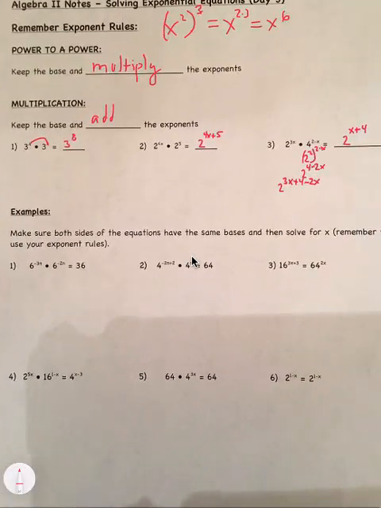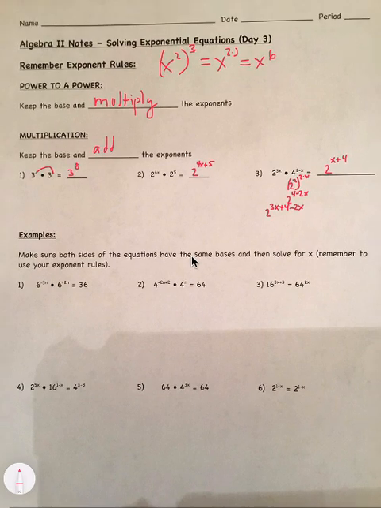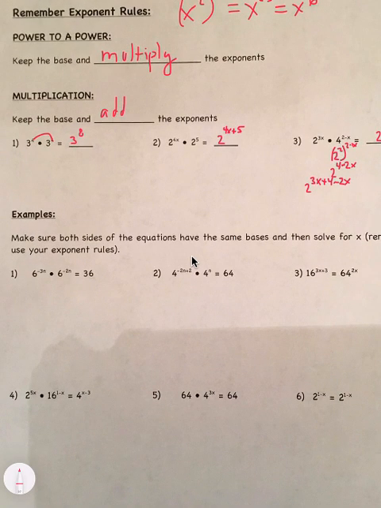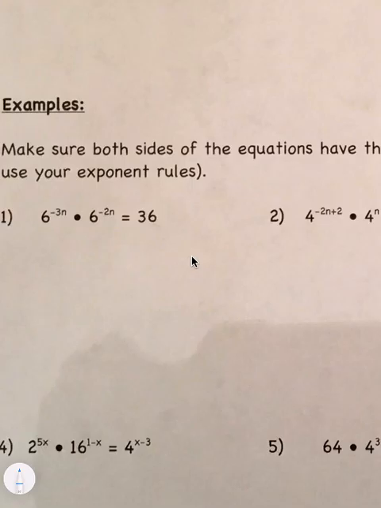It says make sure both sides of the equations have the same base, then solve for x. Remember to use your exponent rules. So if we look at number 1, 6 to the negative 3n times 6 to the negative 2n equals 36. So that's 6 to the negative 3n minus 2n, because we're adding the powers, equals, and then we want to make 36 into a base of 6. So it'd be 6 squared.